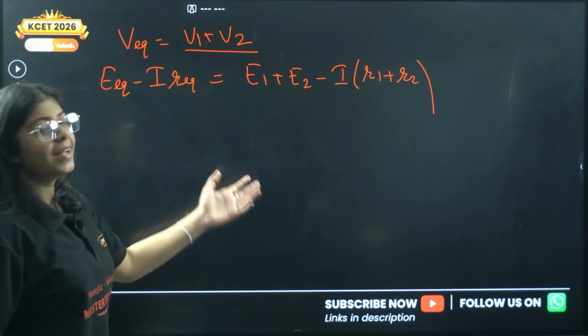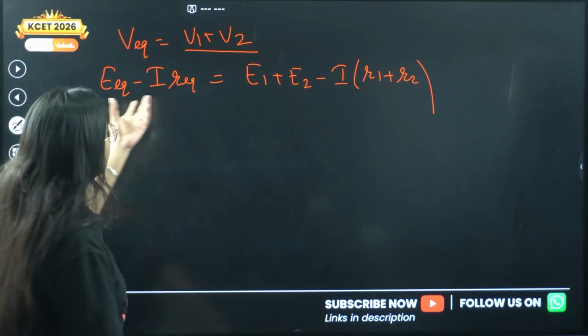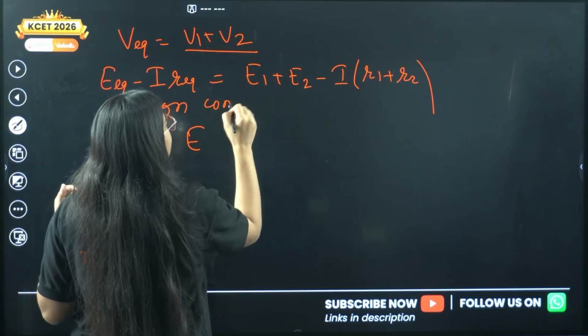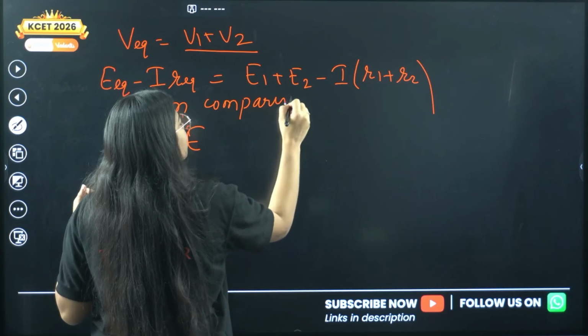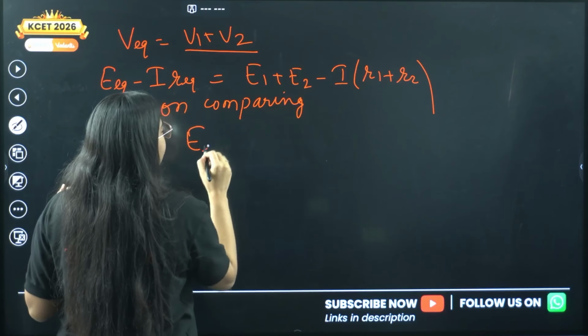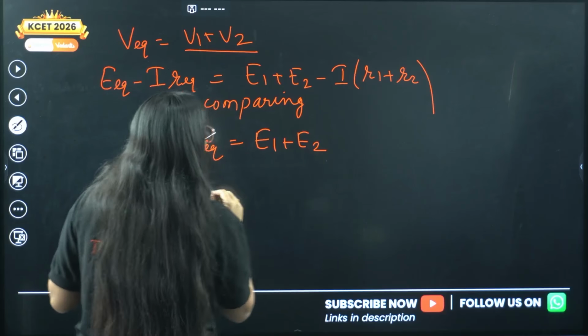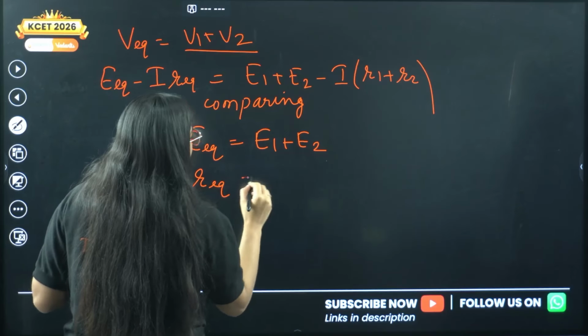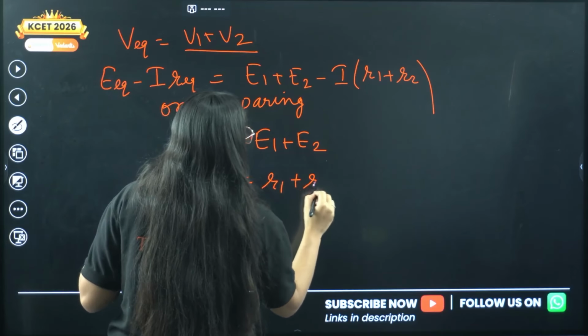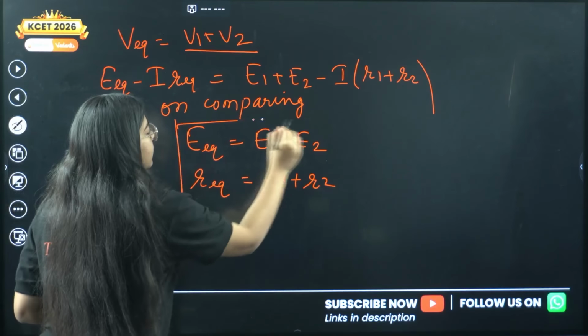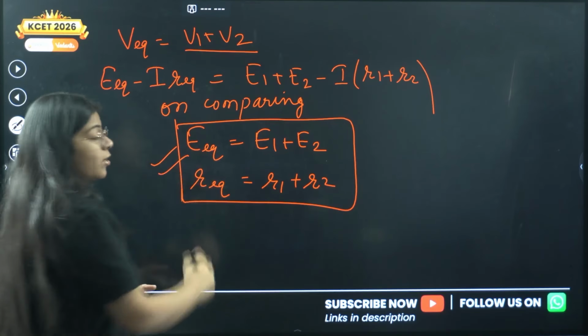Just from here, if I compare these terms, I'll get E equivalent. On comparing these terms, we'll get E equivalent as E1 plus E2 and R equivalent as R1 plus R2. Correct? That's what we had to find, and that's where we complete our question.